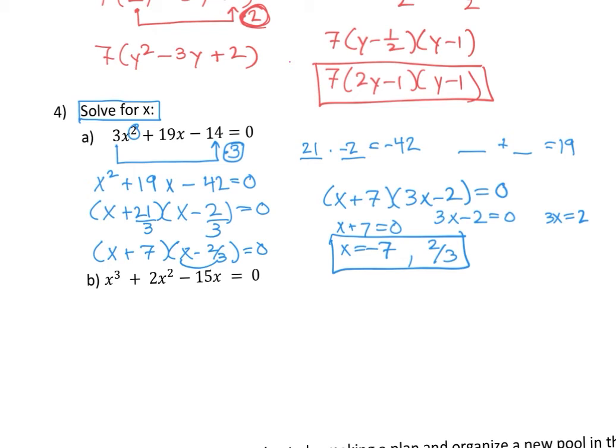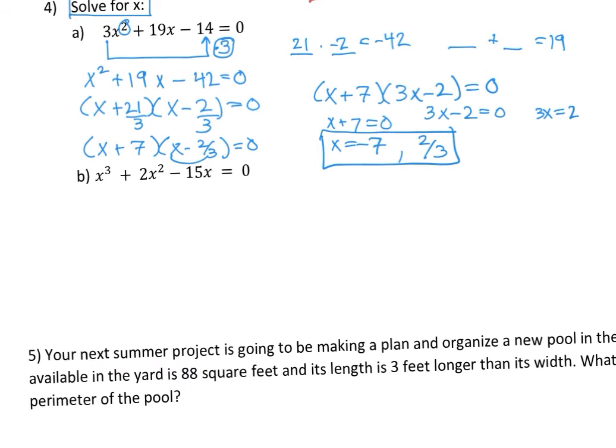Okay, on the next problem, it's a little bit different. All right, so for B, we have an x cubed, but let's look at each term has a common factor of x. So I'm going to factor out my x first. That gives me x squared plus 2x minus 15.